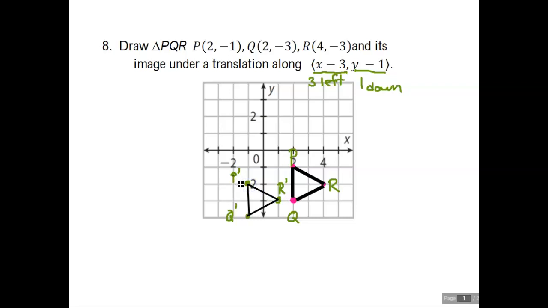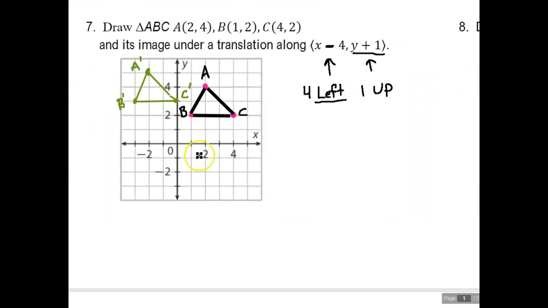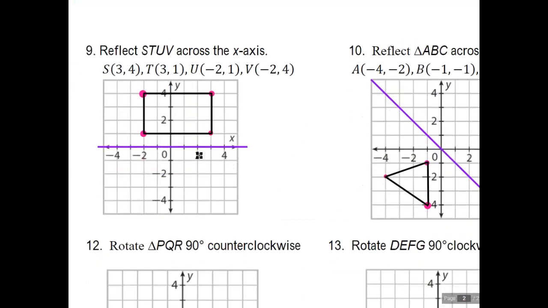So there's my transformation. These are translations, which is basically sliding left, right, up, and down. That was the first type of transformation we learned. And then we moved on to reflections. If we reflect something over the x-axis, that means we draw the line of reflection. The x-axis is right here, and each point is going to be the same distance away.